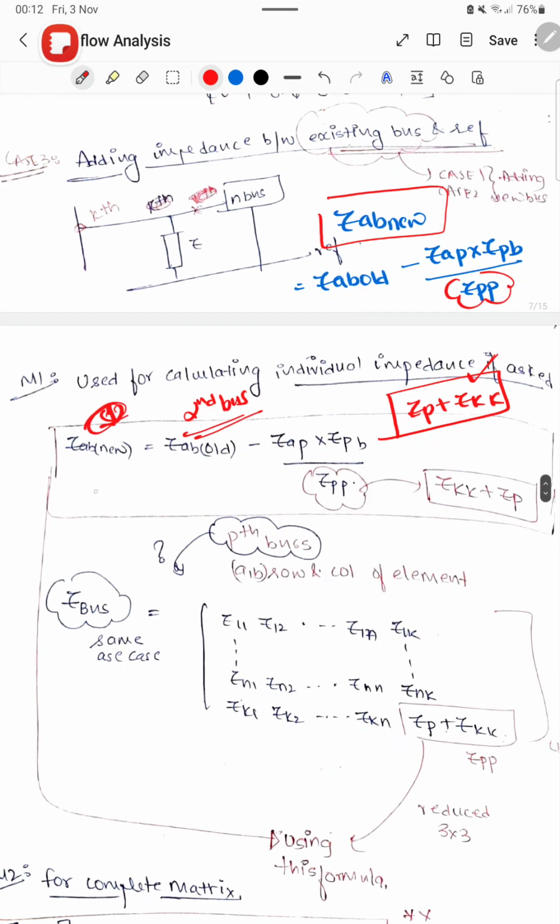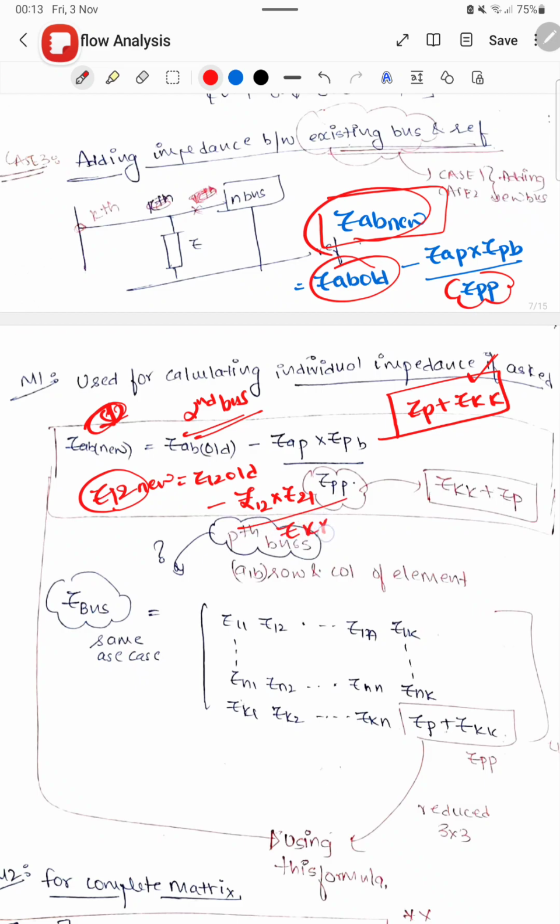So you will find Z12, then you will write Z12 new is equal to Z12 old minus Z12 into Z21 upon Zkk plus Zp.